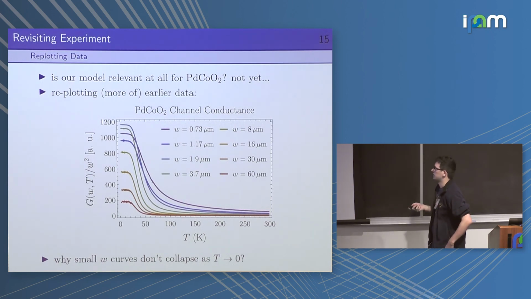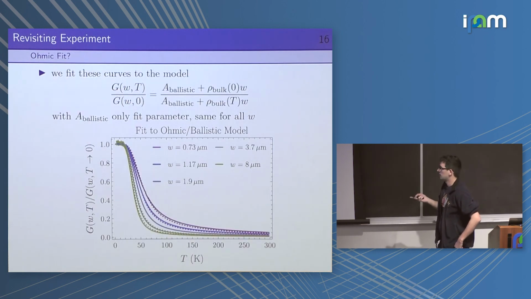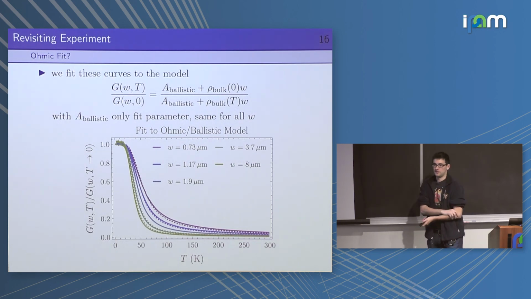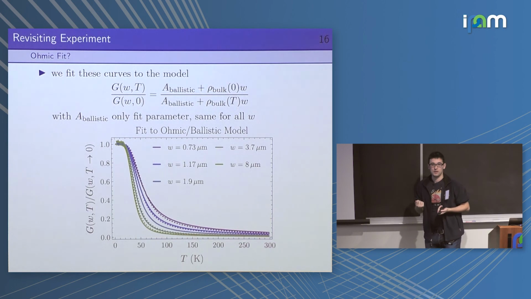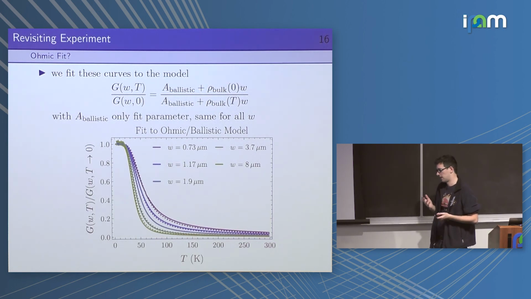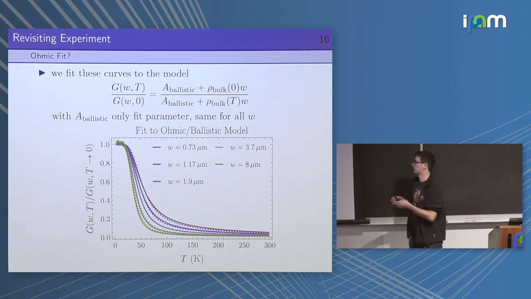Now, we were a little bit nervous about that as being the only signature of hydrodynamics. So what we did is we said, suppose that this offset is some experimental artifact. Suppose that if we just renormalize for this experimental artifact, we can ask, is all of the temperature dependence of this data explained by ohmic scattering? And we'll assume that there's no viscous effects whatsoever.